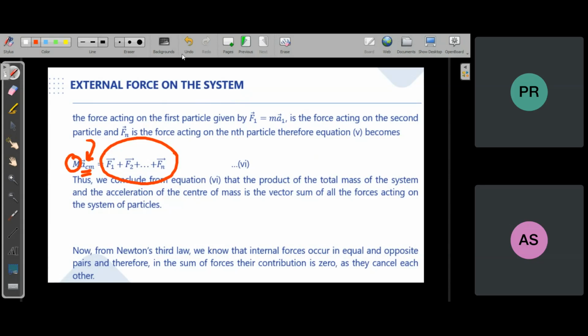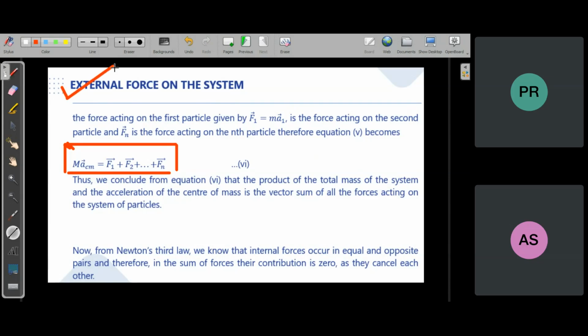Are you getting it? So now this expression is not for an individual particle. This expression is for the whole system. This is the Newton's second law equation for the whole system, which looks exactly identical to Newton's second law for a particle. But there is a major difference.